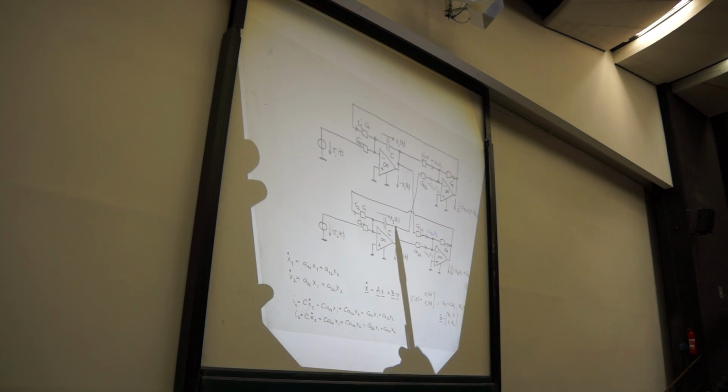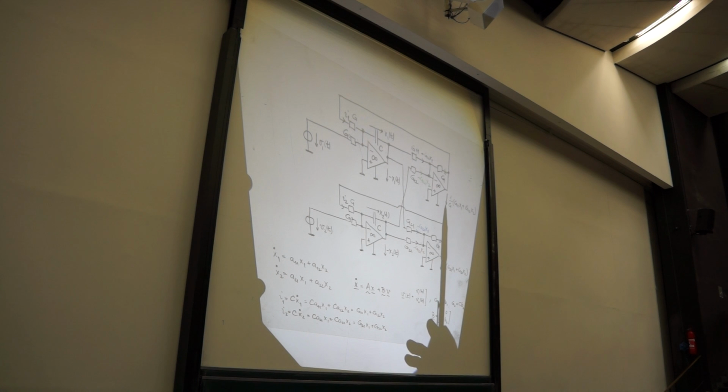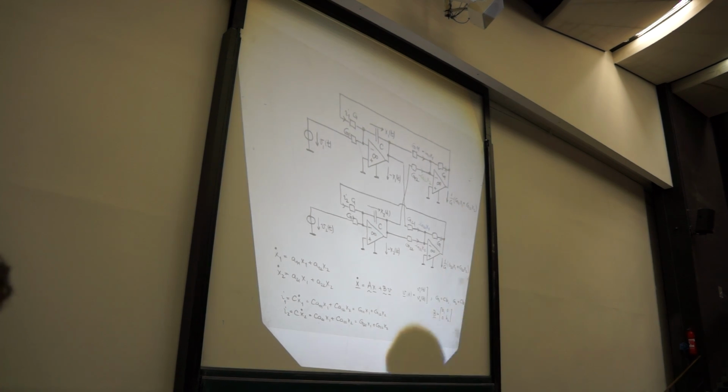And from the second capacitor here, with a voltage minus X2 and a conductance G12, we produce a current minus G12 times X2. Both currents sum up here and produce a voltage across that conductance, which we have in negative form at the output, and that is 1 over G times the sum of the two currents.